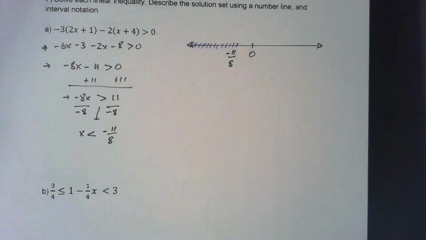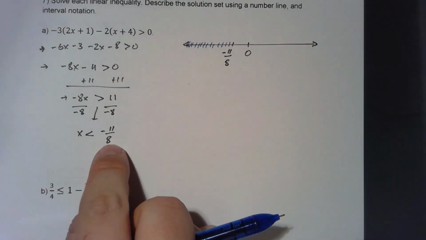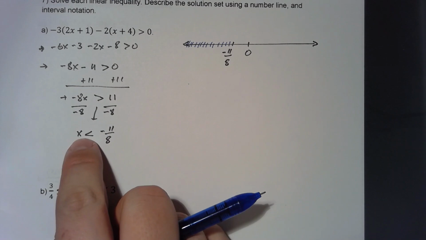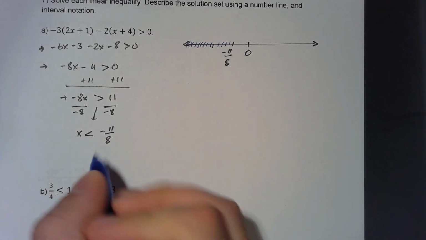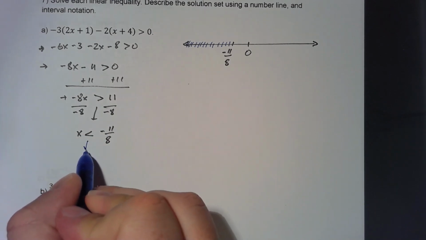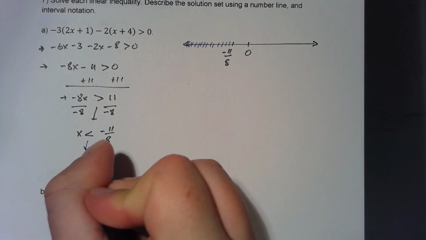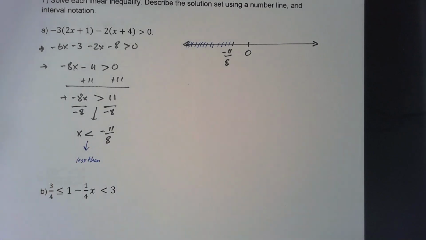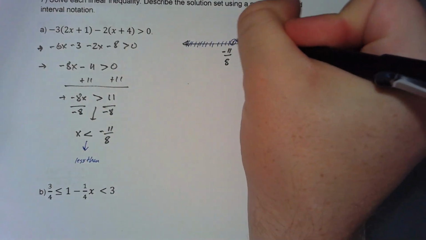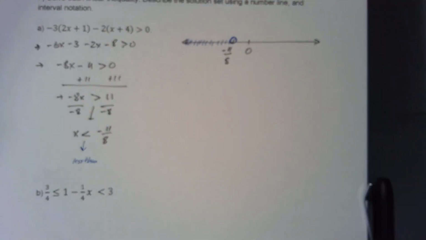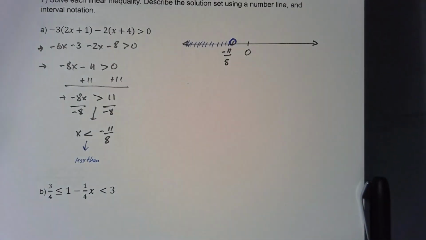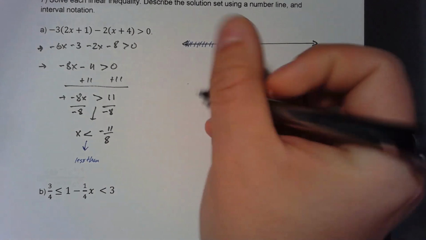And that goes on forever and ever. Now the value -11/8 itself is not part of this because I don't have an equal sign. This is just less than. So I'm going to have an open circle to indicate it's not part of the shaded region. Okay, my interval notation.